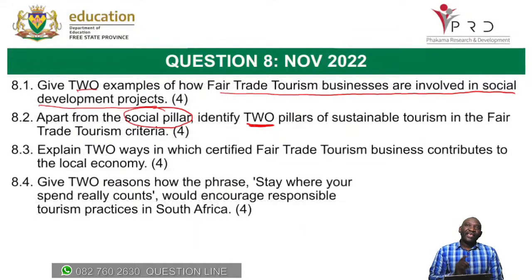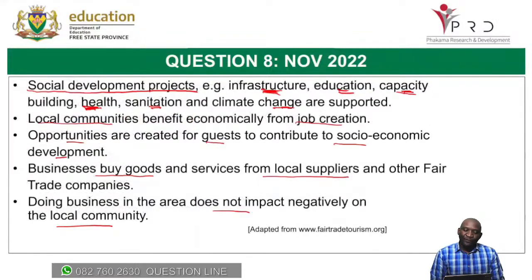Number 3, explain 2 ways in which certified fair trade tourism businesses contribute to the local economy. How can these businesses that are being certified by fair trade tourism, how do they contribute to the local economy? What do they do? What do they do in the local economy? How do these businesses benefit the local economy?